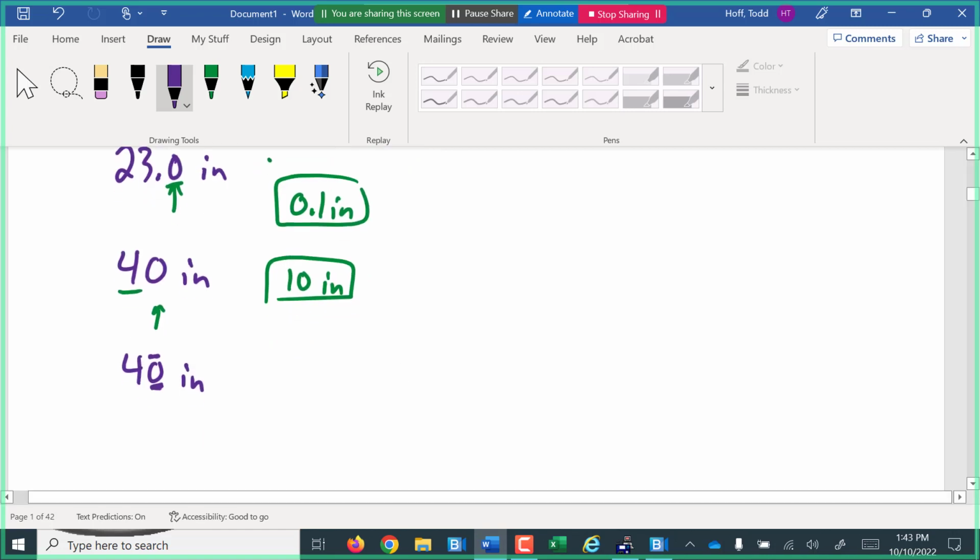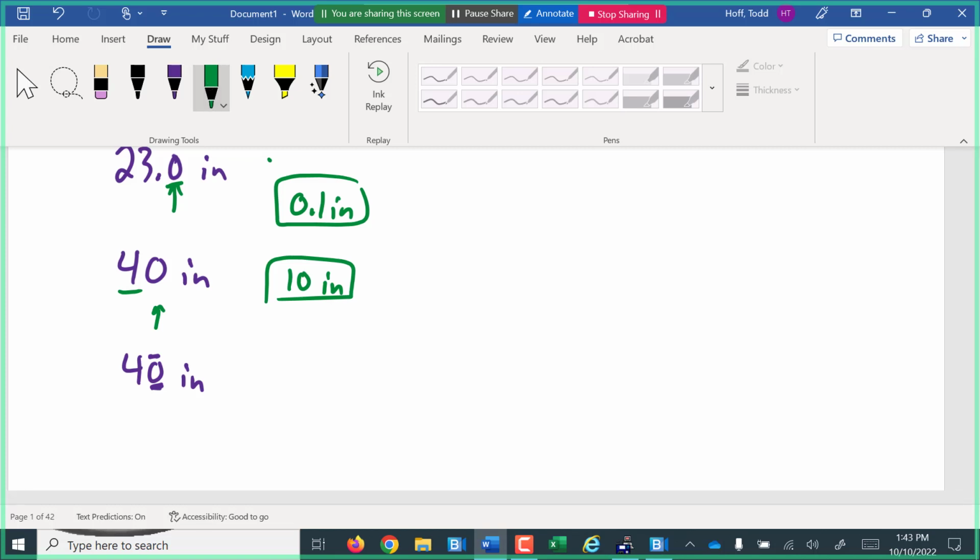So with that indicator there, that is a significant 0. And this is now precise to the nearest 1 inch instead of just to the nearest 10 inches. So if you are reporting a measurement and it comes out to be exactly 40 or 60 or whatever, consider using that indicator to show that you really did measure to the nearest inch.